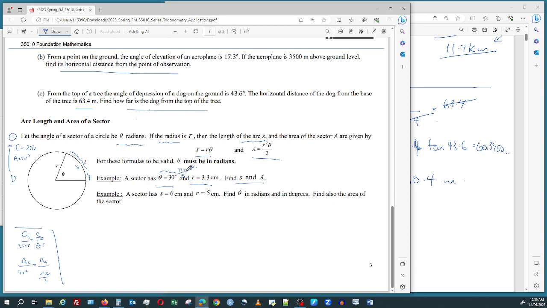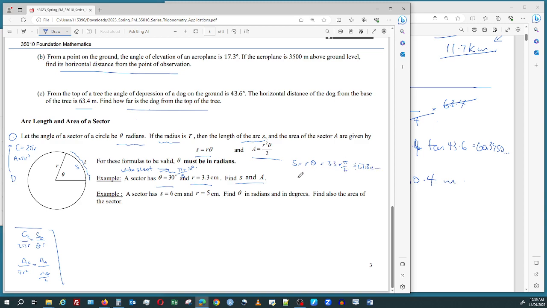That's from your white sheet that you've been compiling. S in radians is R theta, 3.3 multiplied by pi on 6, which is 1.73 centimetres.